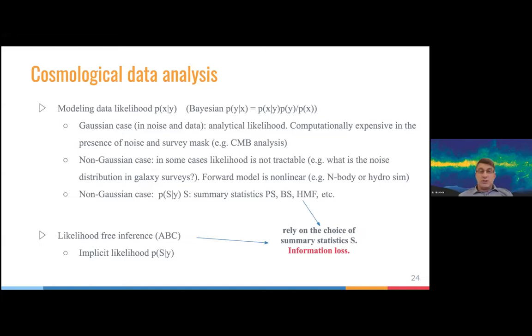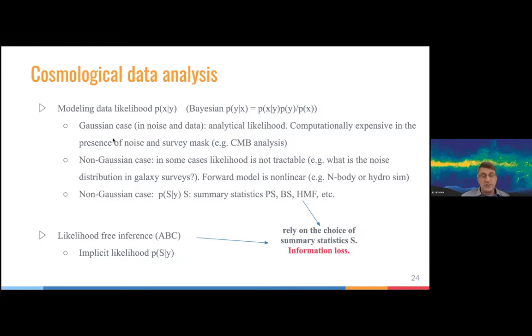Now, what do we want in cosmological data analysis? We want to model the data likelihood or the posterior. Again, we have some data X and we have some cosmological parameters Y. Now, even in the Gaussian case, even if the likelihood is Gaussian, we can write it down analytically, but it's not easy to solve this because we have a survey mask, and we have noise, and we have to invert these covariance matrices, and this becomes an n-cubed problem where n is the number of data points, and this n can easily be millions, and this becomes actually an unsolvable problem.